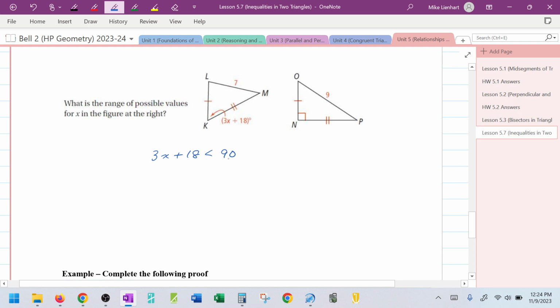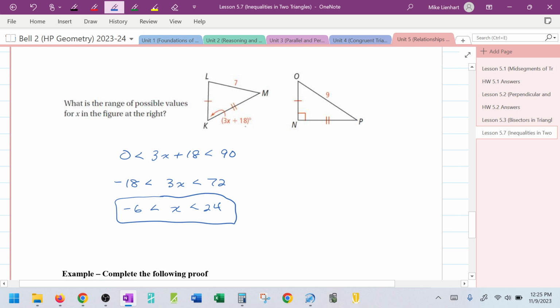But because I've got that upper bound, I need a lower bound. So 3x plus 18 has to also be greater than 0. Solve inside out: I get negative 18 is less than 3x, which is less than 72. Divide by 3, and I get negative 6 is less than x, which is less than 24. Now this value of x can be anywhere between negative 6 and 24. If x was a negative number, that's still okay because this angle would still be positive.